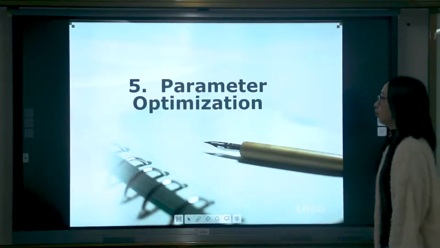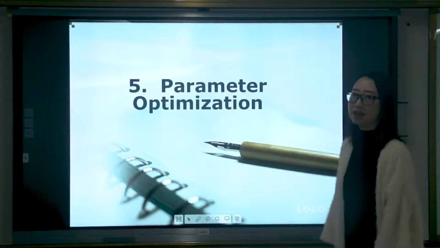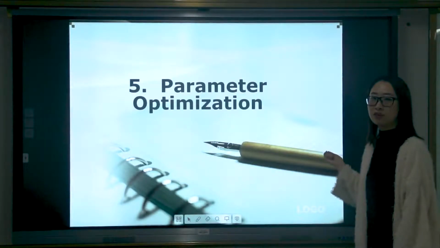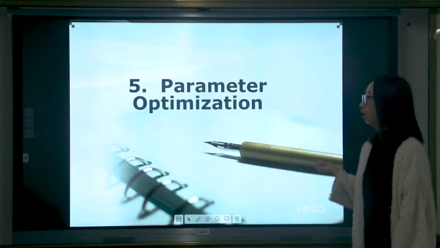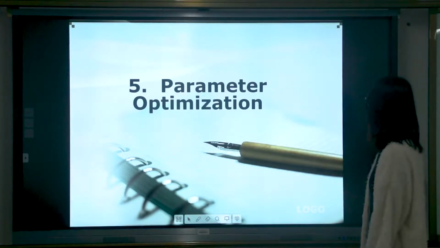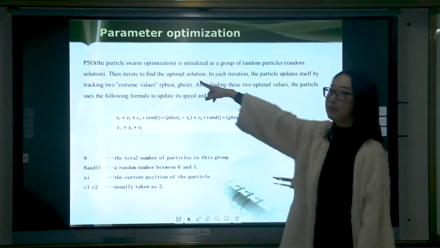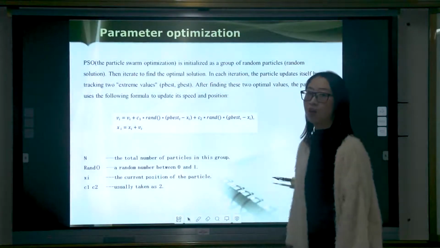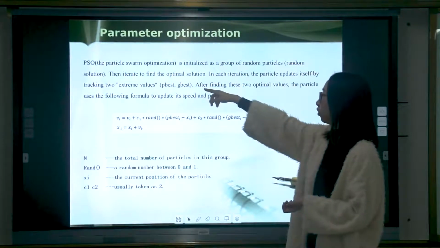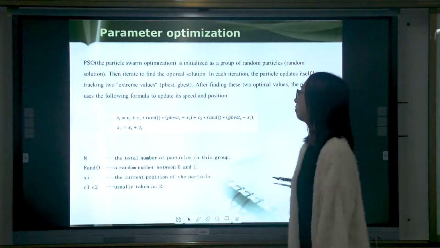After that, I will introduce the parameter optimization. Because this algorithm has a few parameters we need to optimize, I will use the PSO algorithm to solve this problem. PSO is called particle swarm optimization.